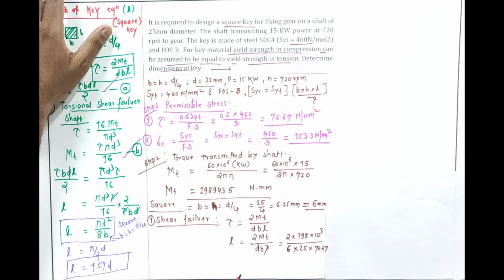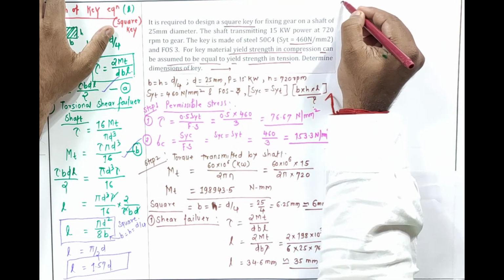So this will be the length for the shear failure. After calculating, we get L is equal to 34.6 mm, which is nearly equal to 35 mm. So this is according to shear failure.